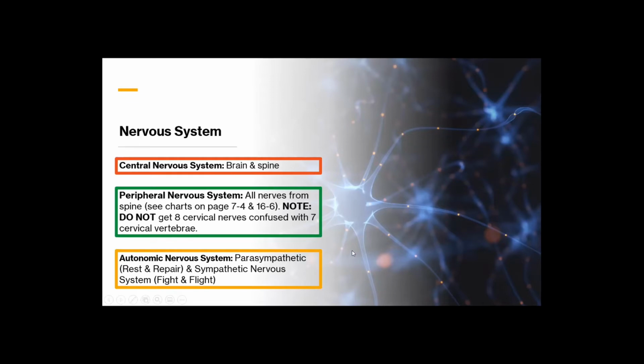And then our nervous system is broken down a little bit further into what we call the autonomic nervous system. And that is fight and flight, rest and repair. So the rest and repair is our parasympathetic nervous system, which is where we rest and repair. And the sympathetic nervous system is the fight and flight.